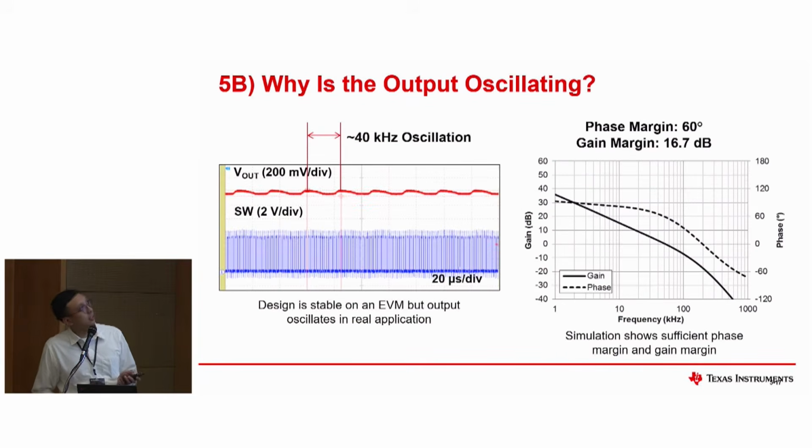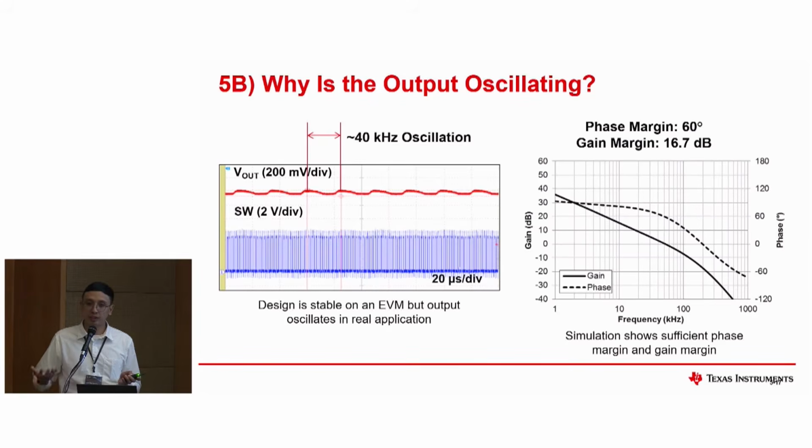Relating to this, this is for an output. As you can see, the switch node is stable. But on the output, there's a 40 kilohertz oscillation on the ripple. In terms of the design, it's stable on an EVM.